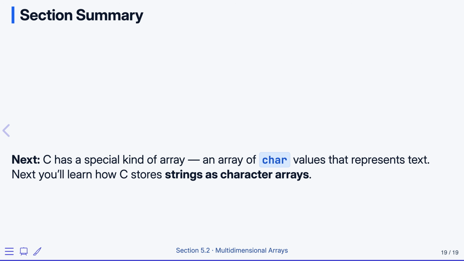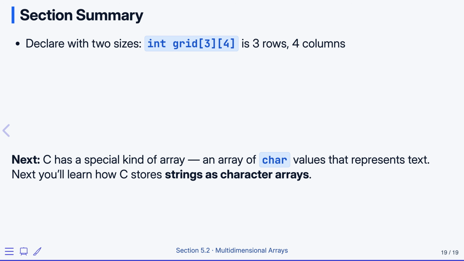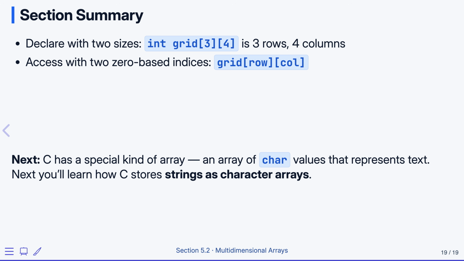Let's recap. A two-dimensional array is declared with 2 sizes in brackets. Int grid[3][4] is 3 rows and 4 columns. You access elements with 2 zero-based indices, grid[row][col], where the first index is the row and the second is the column.